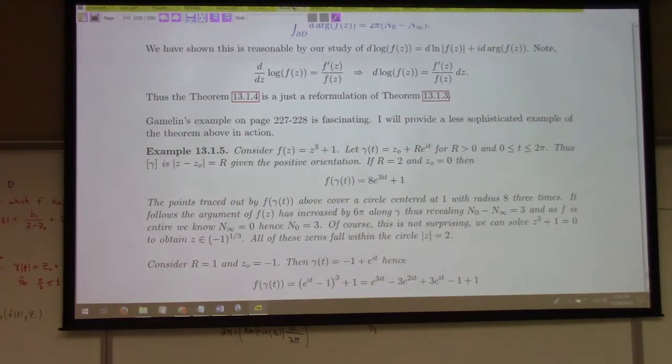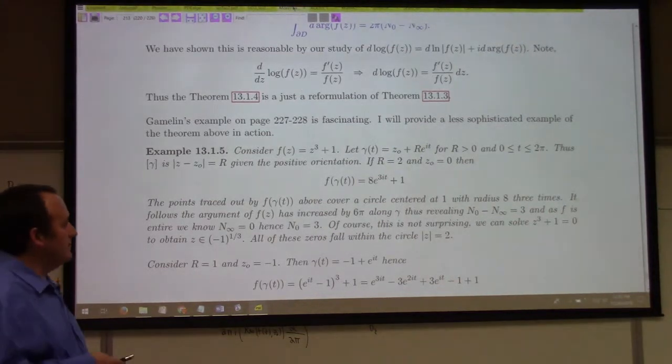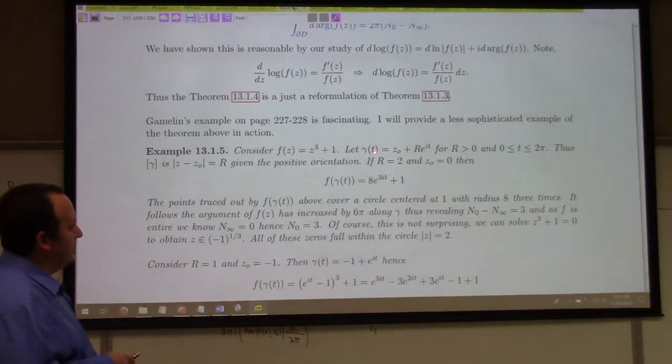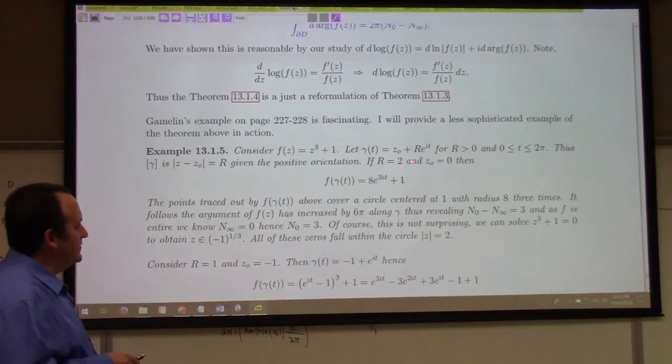Now, here's an example. Suppose we're looking at z cubed plus 1, right? And we look at gamma of t being z naught plus r e to the it, right? Let's see here. I'm going to be more specific. I'm actually looking at 2e to the it, right?